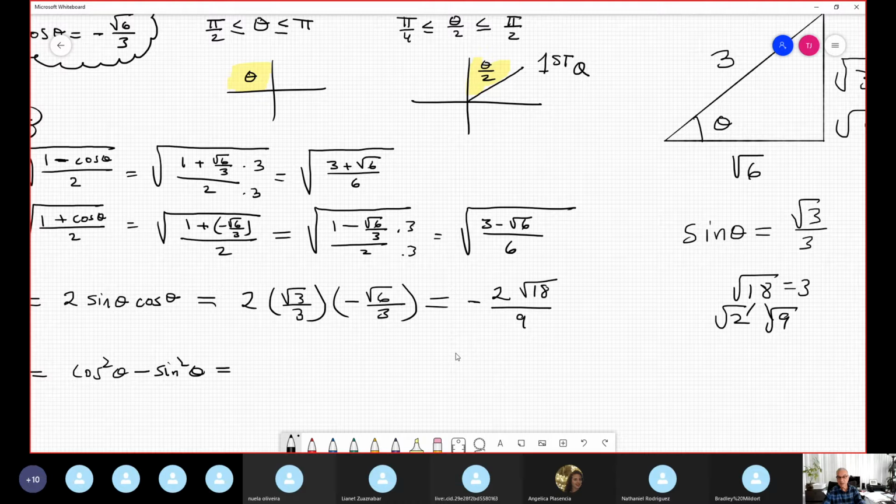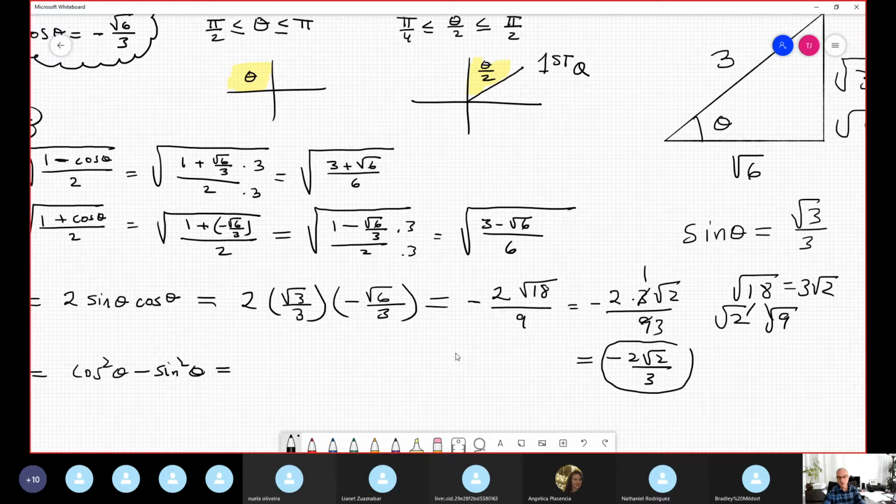So radical 18 is 3 radical 2. Ok, entonces -2 times 3 radical 2 over 9. And then the answer is, when we cancel out this 1 and this 3, -2 radical 2 over 3. So the sine double angle is negative.